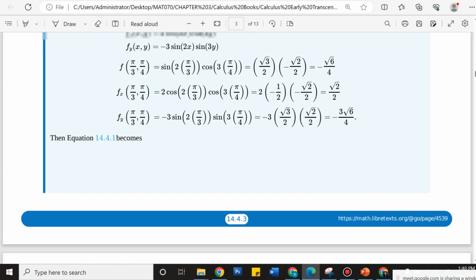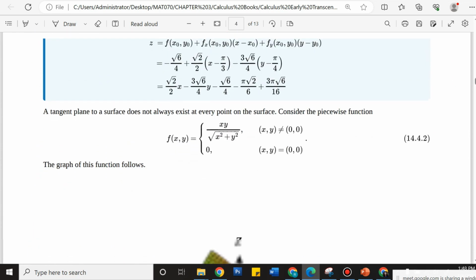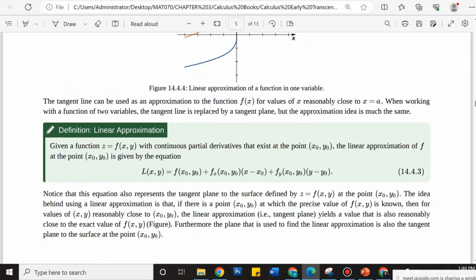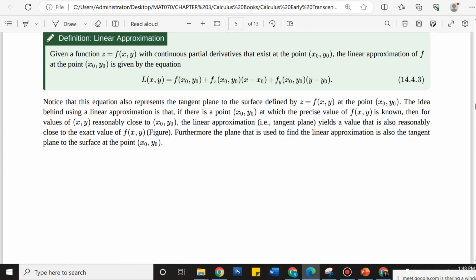Okay. Dili na nako na-emphasize ha. Now, this time, let's proceed. Wait lang.